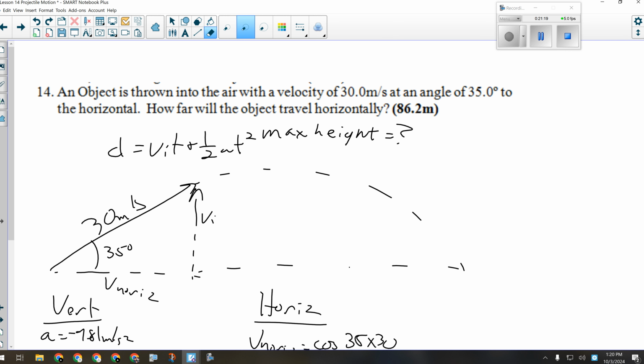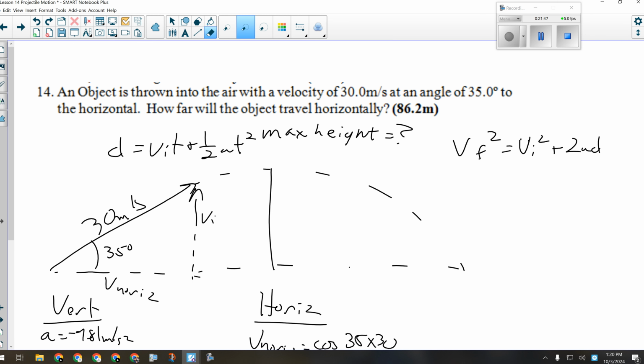Or I can use this formula, VF squared equals VI squared plus 2AD. I just have to remember that when it's at its maximum height, VF is 0. Either one of those will work. You can choose whichever way you want, and they'll both arrive at the same answer.